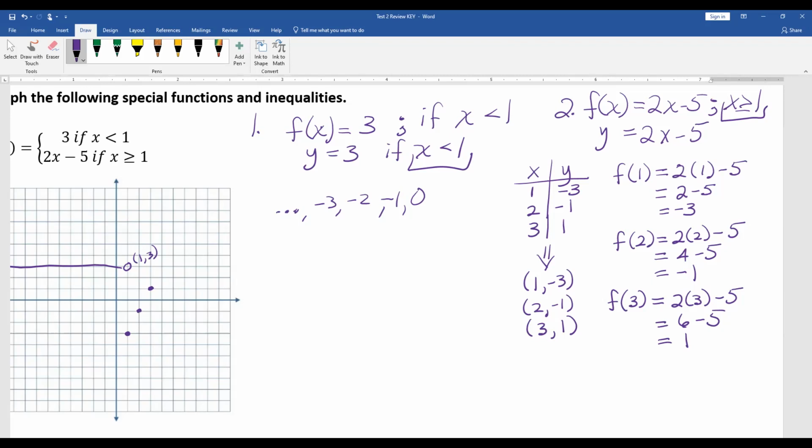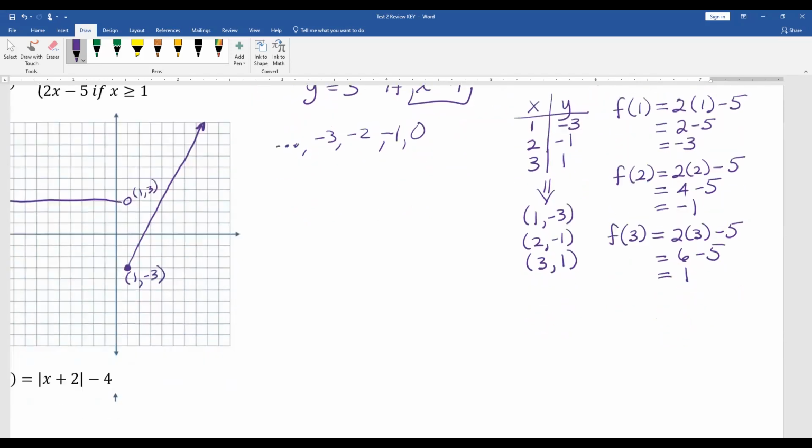No. So you're going to draw a sharp little line all the way to the end of the graph with an arrow, showing that it will go on forever. So that shows my starting point.